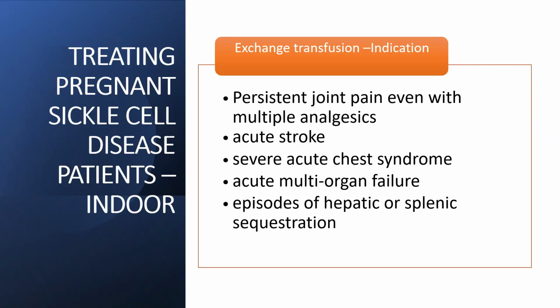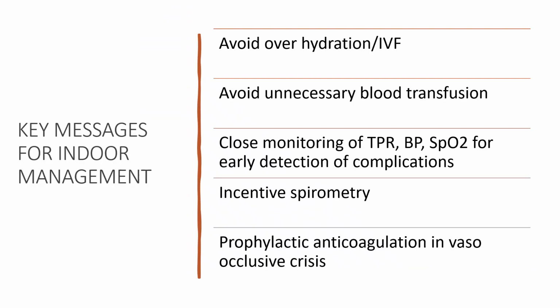Now moving on to exchange transfusion. Exchange transfusion is indicated with persistent joint pain even with multiple analgesics, if there is acute stroke, severe acute chest syndrome, acute multi-organ failure, or episodes of hepatic or splenic sequestration.